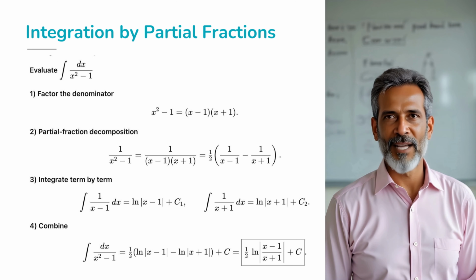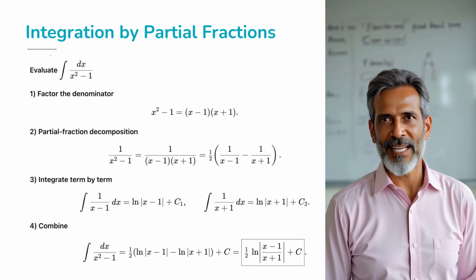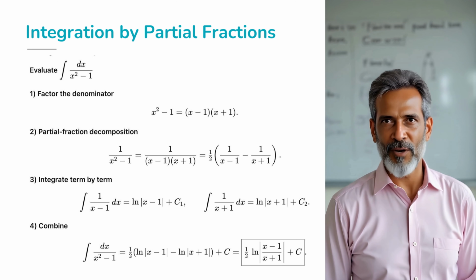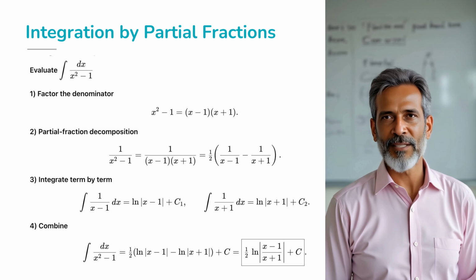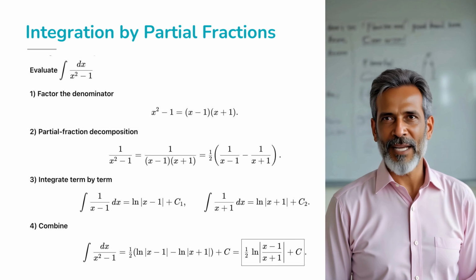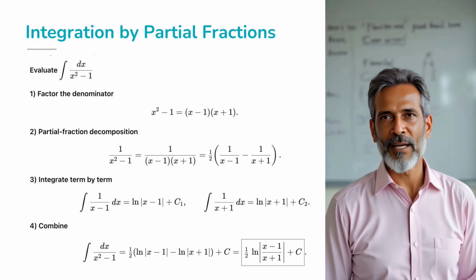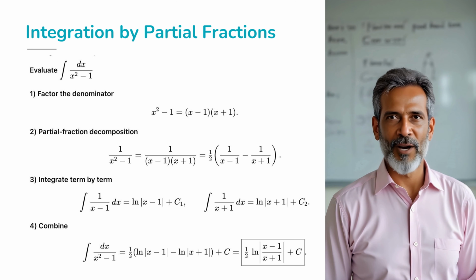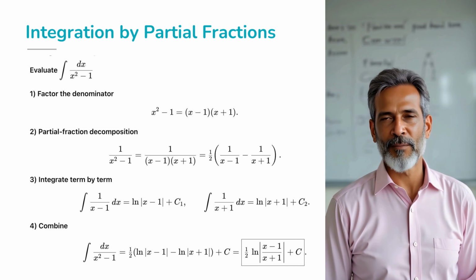The first part is handled by substitution, while the second part uses a standard formula. That formula is integral of dx over x squared plus a squared equals 1 over a tan inverse of x upon a plus c. So whenever you see an irreducible quadratic, expect a mix of logarithms and arctan terms in your final answer.